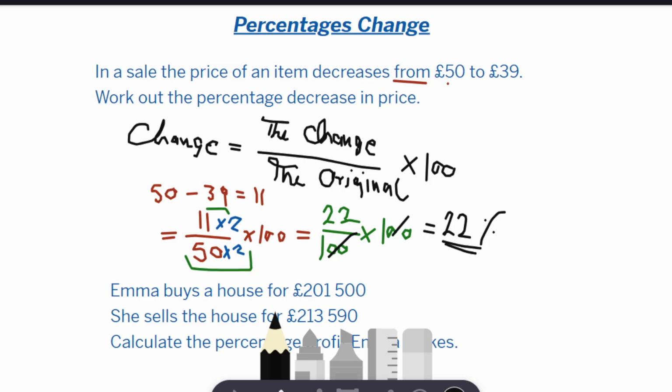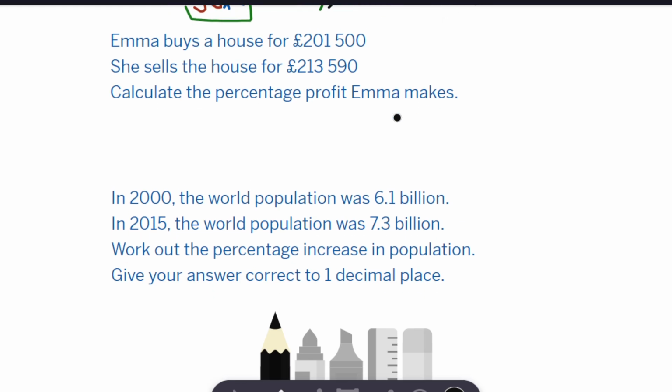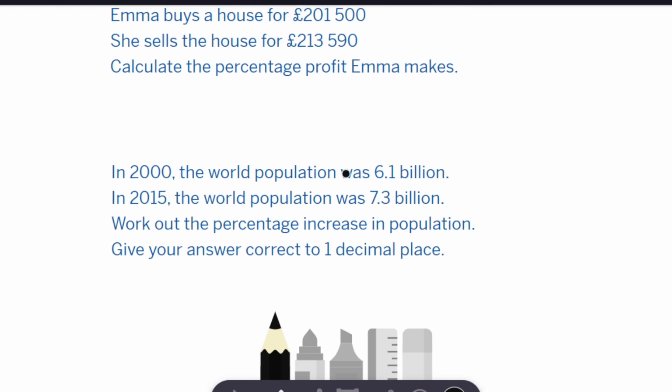Now let's look at another example to make things clear. So we'll just do this in this space here. Emma buys a house for this very big amount. She sells it for this amount. Calculate the percentage profit. Obviously, she made some profit because she bought it for a smaller amount and sold it for a bigger amount.